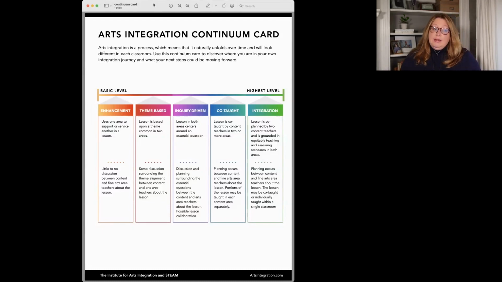So as I said, arts enhancement is when you're using one area to service or support another in a lesson. So for example, I always use this example, "50 Nifty United States." I love the song. It helps all of us learn the 50 state names, right? To this day, when I think about the 50 state names, I will go through the song: Alabama, Alaska, Arizona, Arkansas, California, Colorado, Connecticut, right?